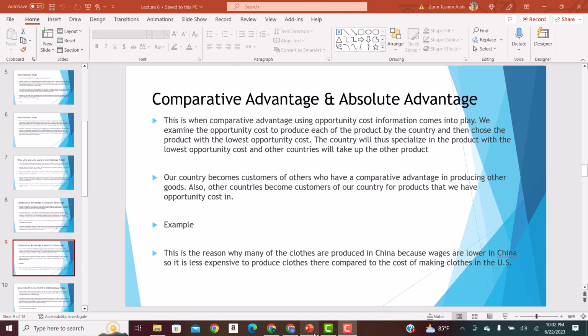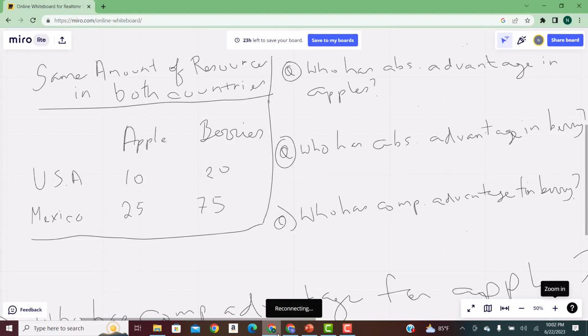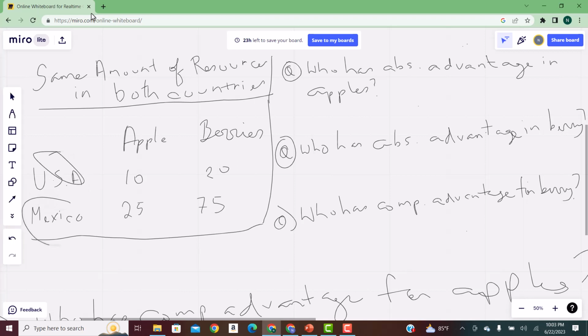So let's do the example. Let's say we are given this information. There are two countries we're going to look into, USA and Mexico. We're going to assume that they have the same amount of resources: land, labor, capital, and entrepreneur.